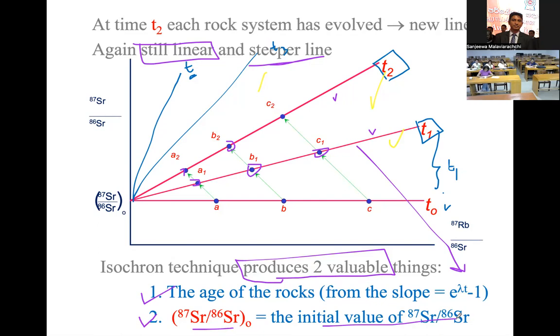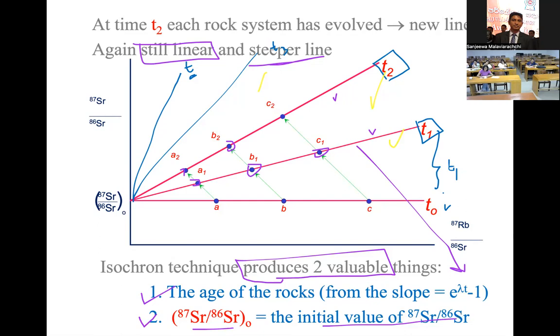But what we know is we have some rocks today, and using those rocks, we try to find out the original source. It's like you have children now, but parents are deserted. We don't know, right? But using the children's characteristics, we may be able to find out the parents. So this is something like that.